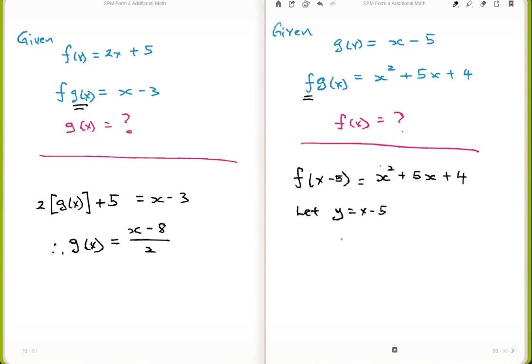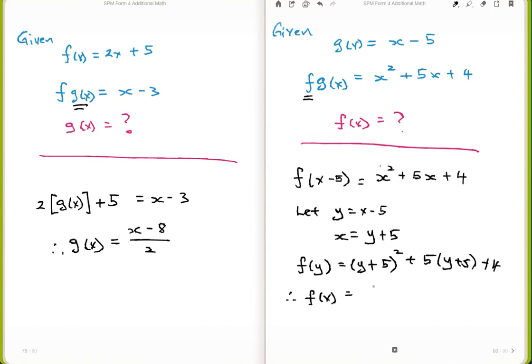Therefore, my x is now y plus 5. f(y) is equal to y plus 5 squared plus 5 times y plus 5 plus 4. Substitute into the equation, expand, and rearrange them, eventually you will get y squared and so on. So you replace it with x, it will be x squared plus 15x plus 54.